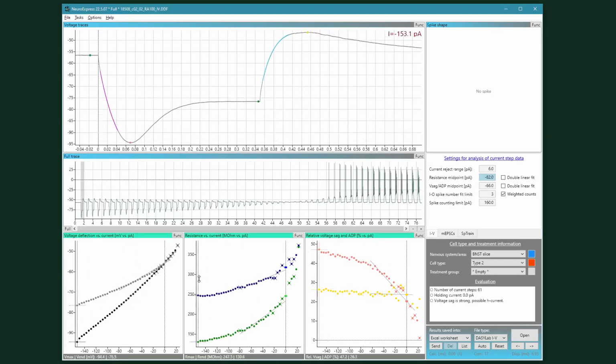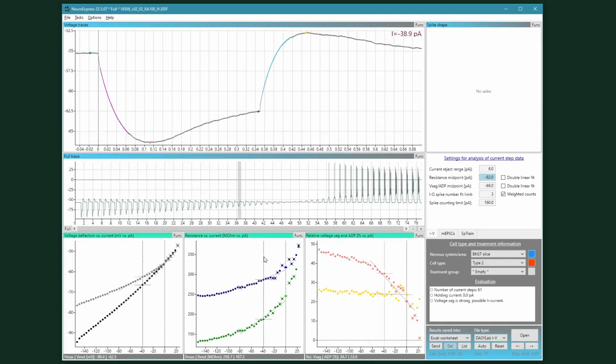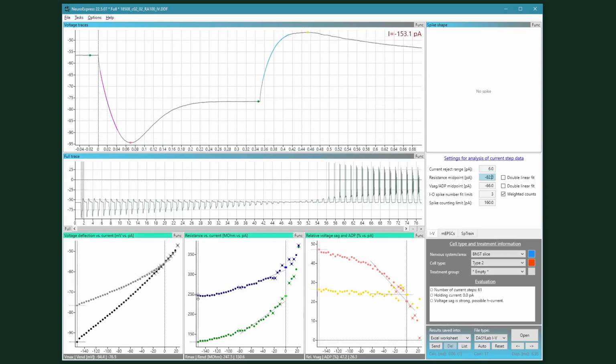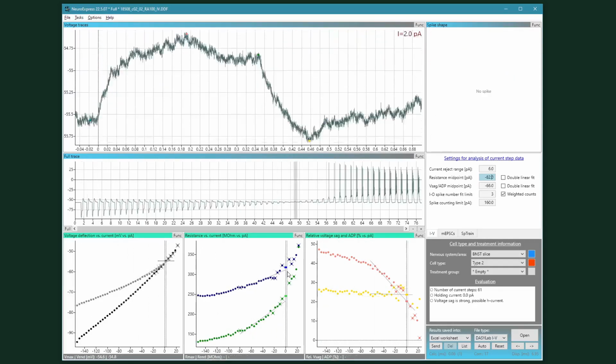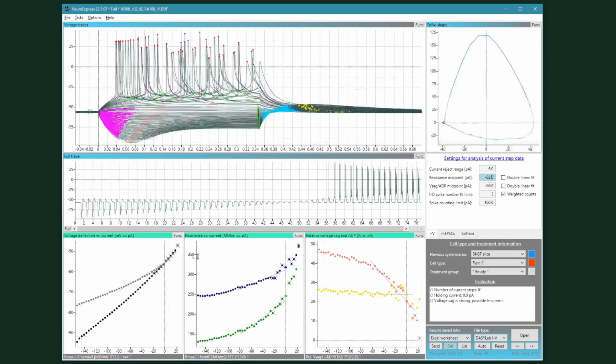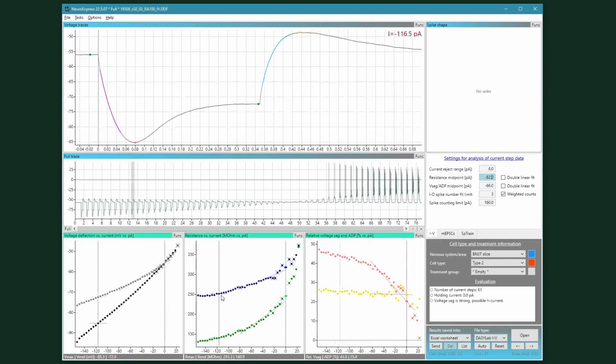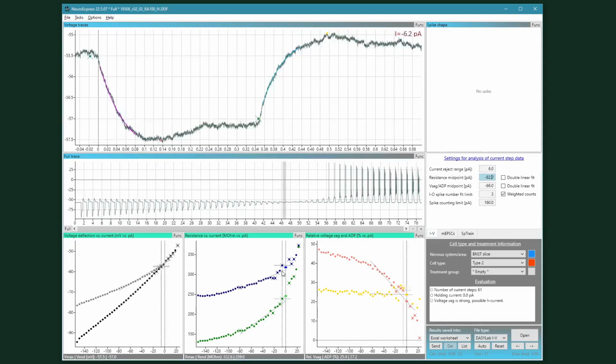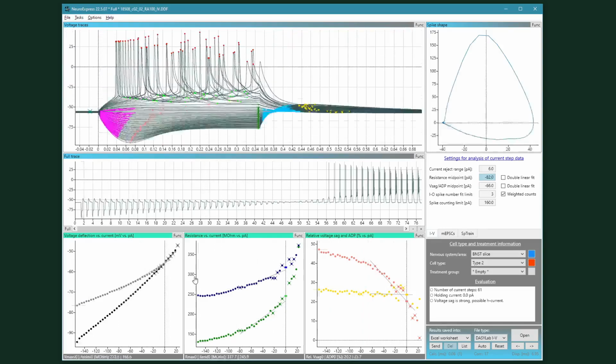As you can see, these delta V over delta I values are not just a single constant, but they range from 250 to 300 or even 350 megaohm. So they are dependent on the current level, the injected current that was used to evoke the voltage response.